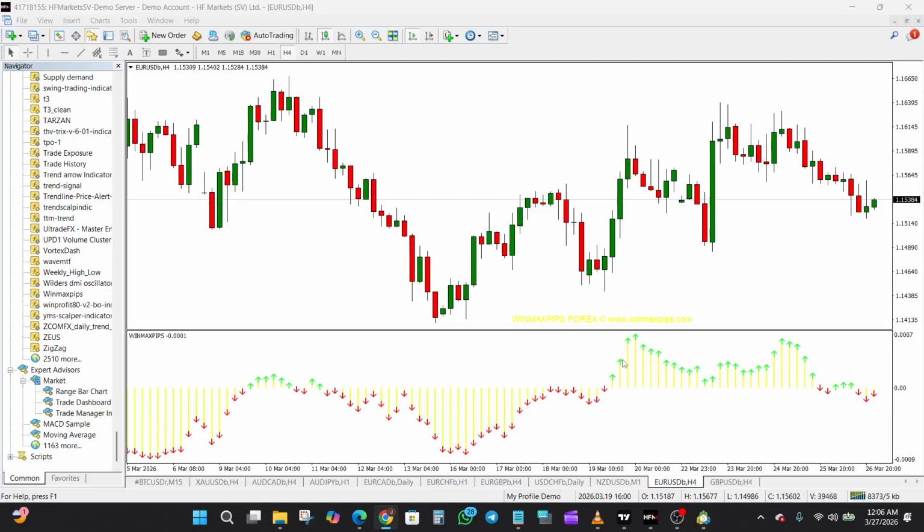It's a buy signal. It shows that there is bullish momentum in the market. And on the other hand, when you have the indicator below the zero level and the downward red arrows appear, it shows bearish momentum, right?